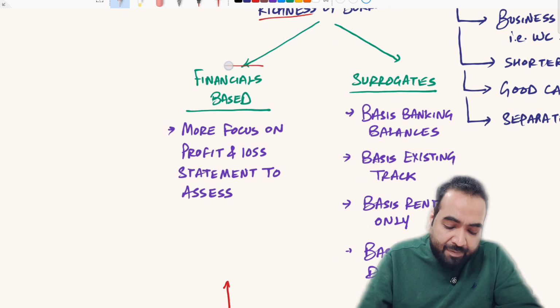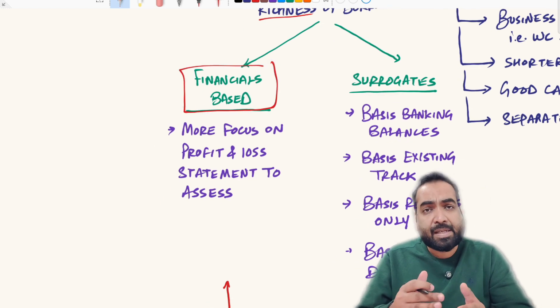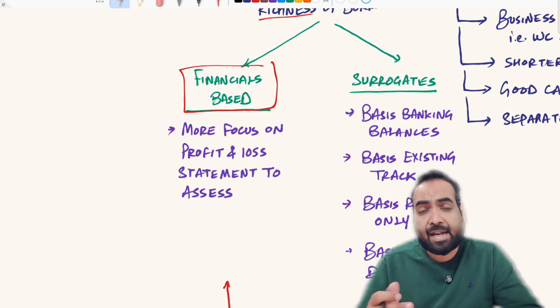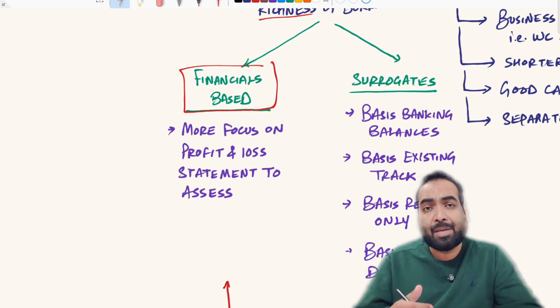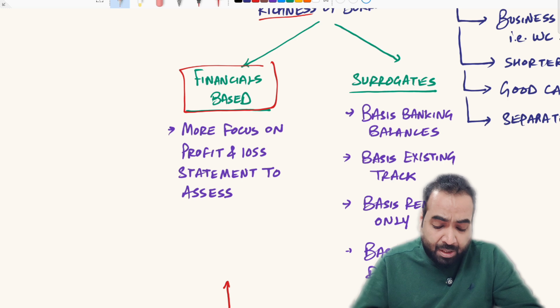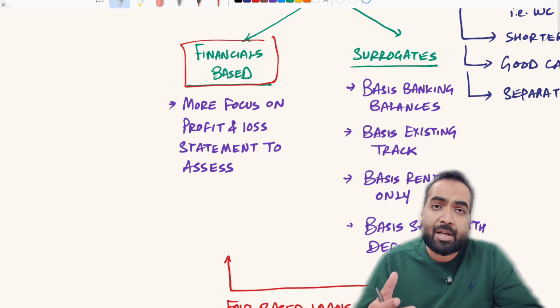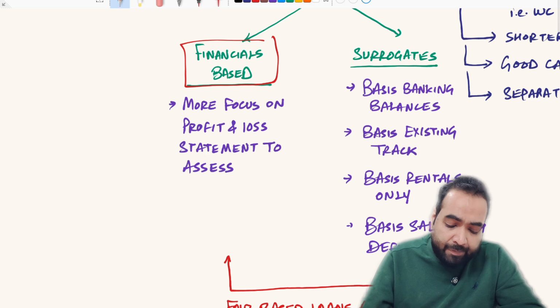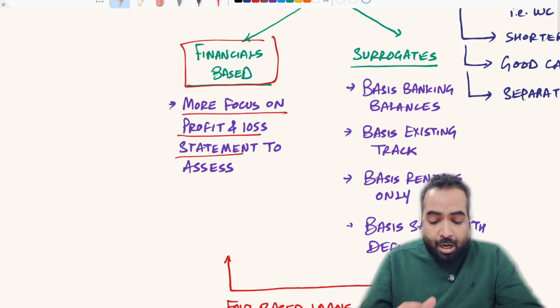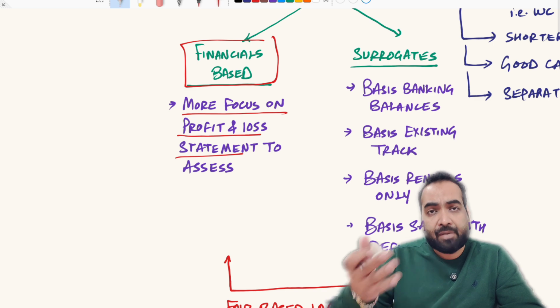One is the financial way. The financial way is basically for SENP profiles, self-employed individuals who are doing business, entrepreneurs, right? For calculating their cash richness, their monthly cash generation, we focus on their profit and loss statement. How we do that, we will learn in coming videos.